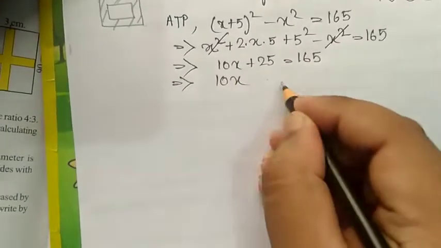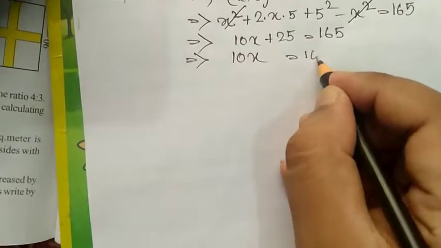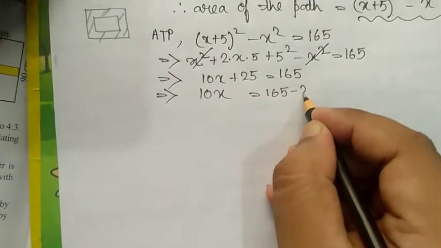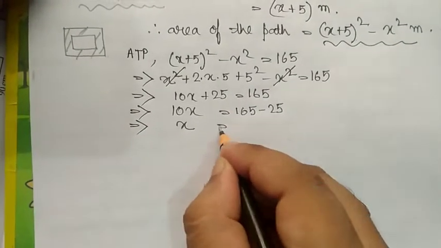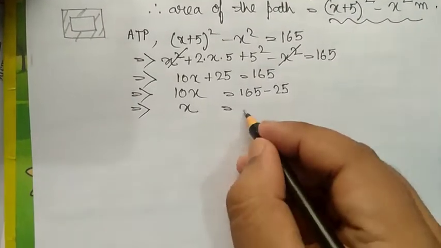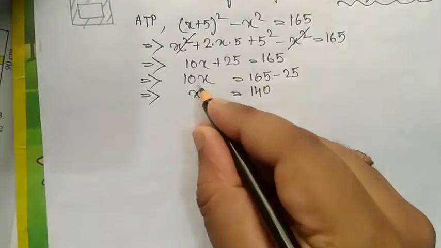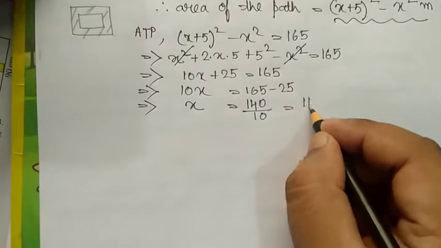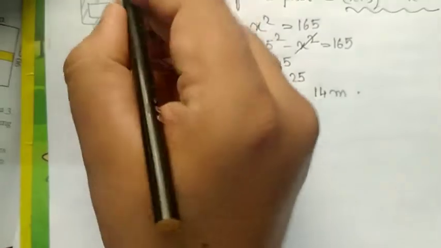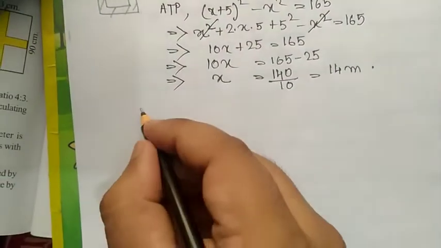So 10x equals 165 minus 25, which is 140. From here, divide 140 by 10, x equals 14 meter.